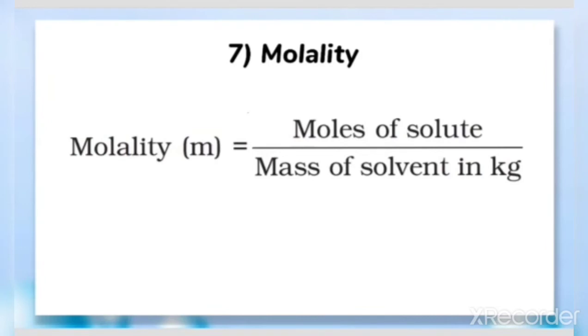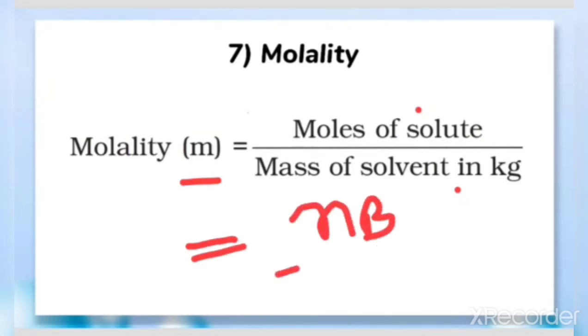Next is molality. Molality is represented by small m. It is the number of moles of solute dissolved in 1 kg of solvent. So the number of moles of solute dissolved in 1 kg of solvent means the mass of the solvent.